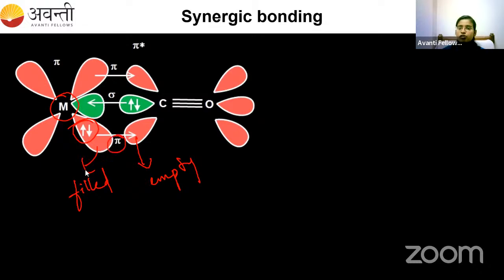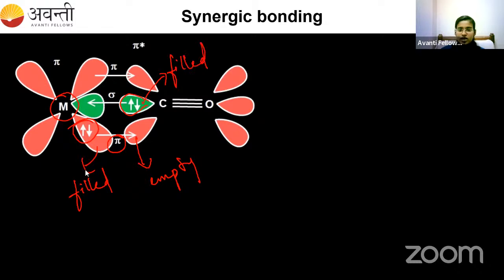So why is it leading to the formation of pi bond? We have sideways overlapping, right? Here the sideways overlapping occurs. So I have the formation of pi bond from the filled metal orbital to the empty ligand orbital. Okay. And now next what happens? Carbonyl ligand has a bonding orbital. This is a bonding orbital which is filled.